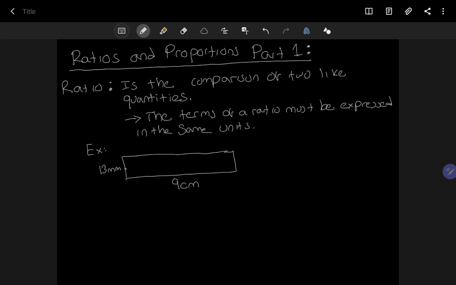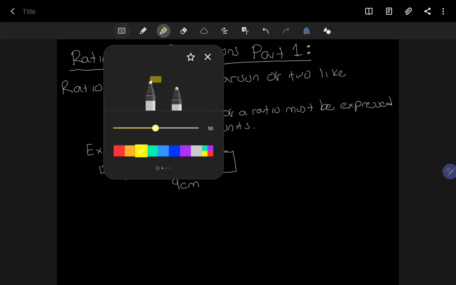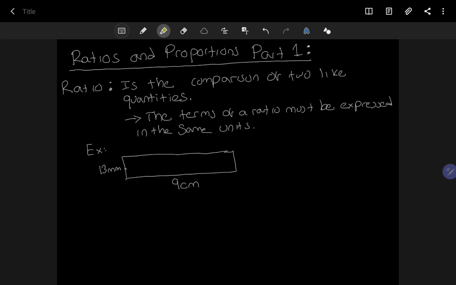Where this is 13 millimeters and this is 9 centimeters. Okay, so first, before I can even compare them, I have to look at them. Are they the same units?